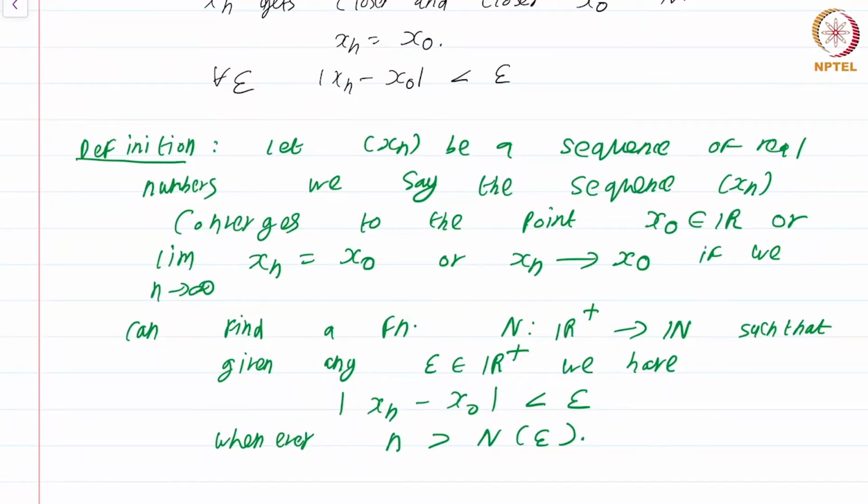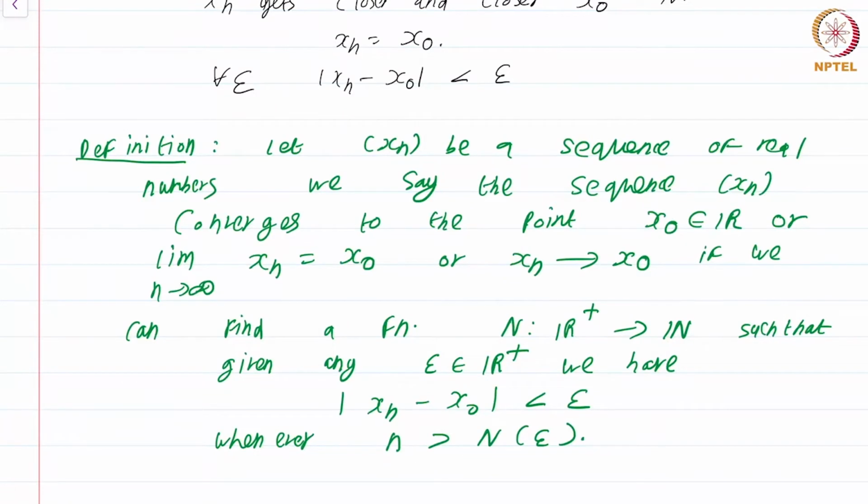That means, given any epsilon, if I choose n greater than N of epsilon, xn minus x0 absolute value must be less than epsilon. Note, this must not be true just for n equal to N of epsilon.